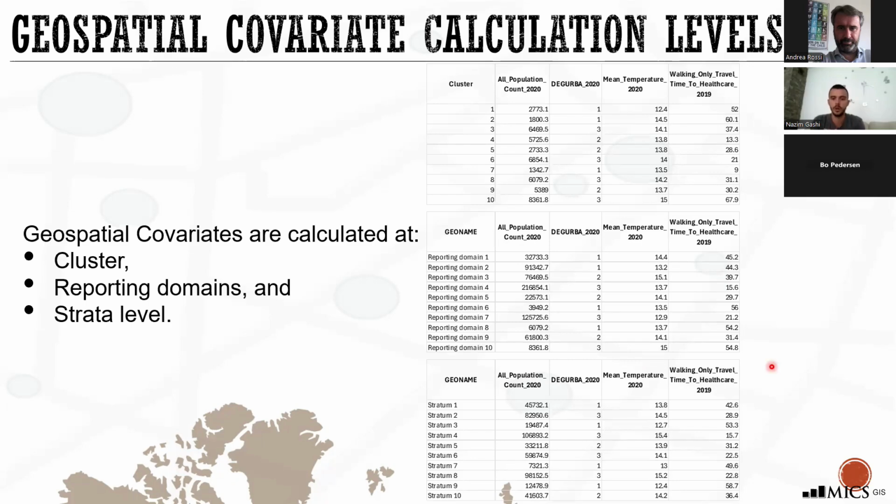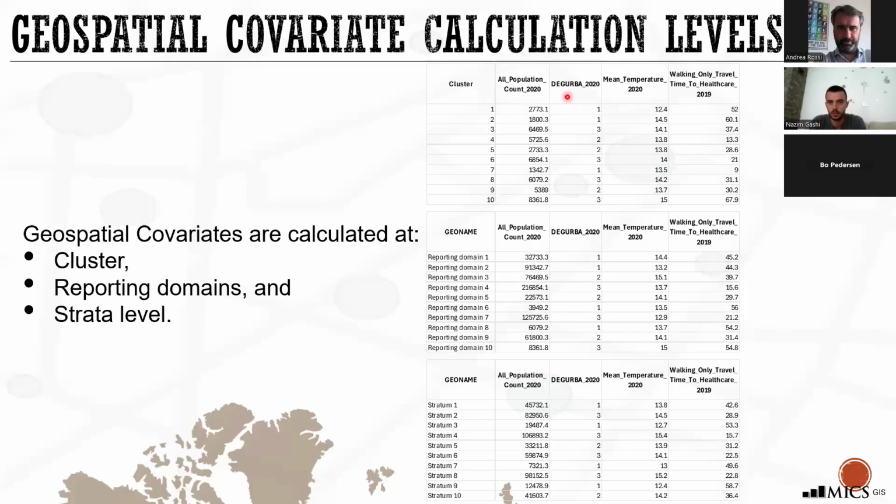So on one side, for each MICS cluster, you have an estimation for each of the indicators that we are calculating at the moment. Meaning we are using the buffers that I showed in the previous slides, 2 and 5 kilometers, and we are calculating each indicator. Like you see in the example here, we have the population count for each MICS cluster, the number of people living in a specific year in the specific cluster.